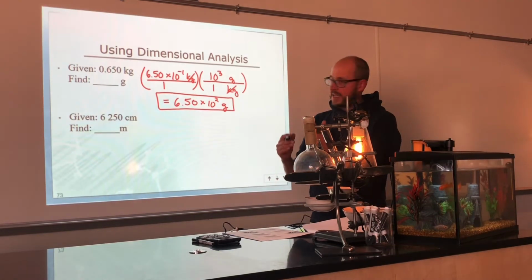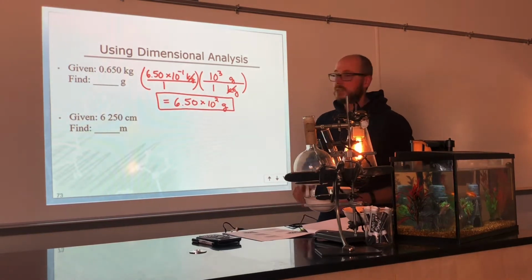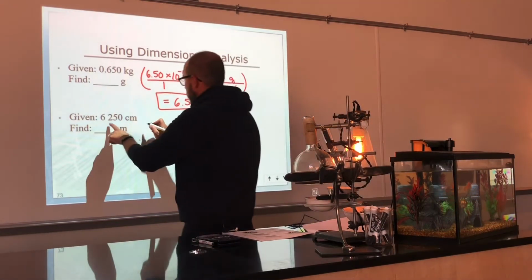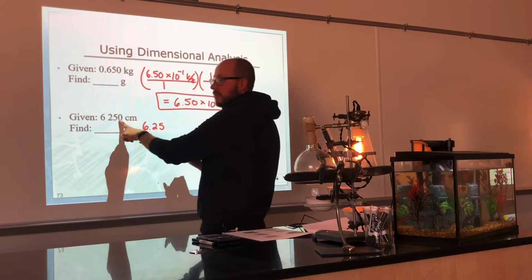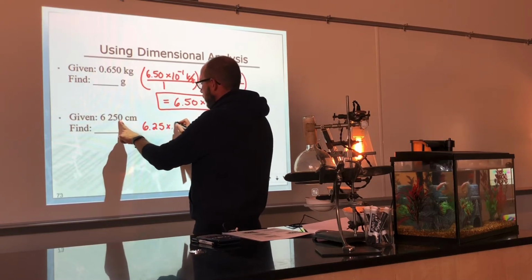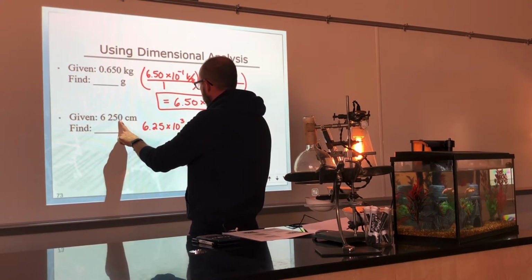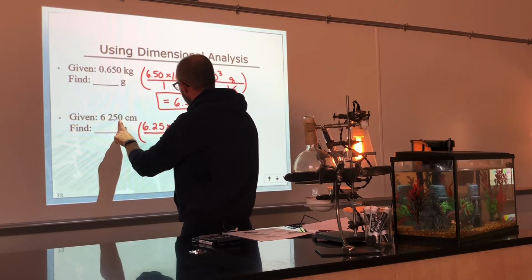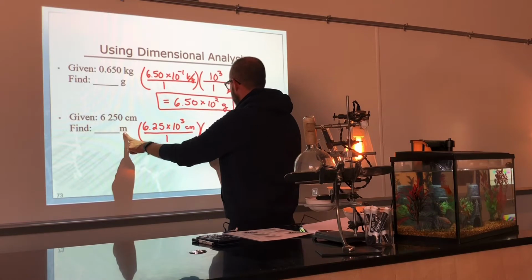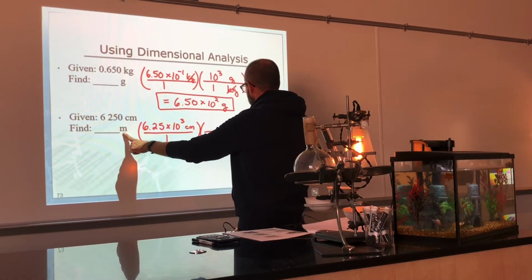Next one, again, prefix and base, so it's one step. So for this one, 6.25, I don't need the 0 because it's not significant, times 10 to the third centimeters over 1. I want to get rid of centimeters and go to meters, so centimeters on the bottom, meters up top.